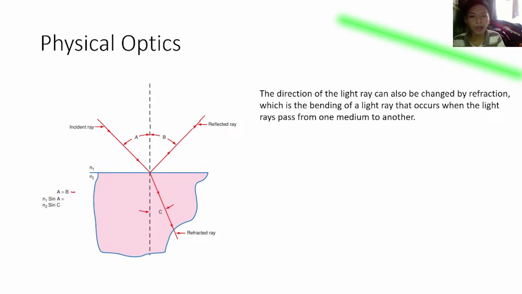Okay. So the direction of a light ray can also be changed by refraction. This is our second one, which is the bending of light rays that occurs when the light rays pass from one medium to another. Okay. So the easiest way to remember how refraction works is that this is air and this has a different index of refraction symbolized by N1, and N2 is another index of refraction. And since the light will travel into another medium, it wants to go to the fastest point.